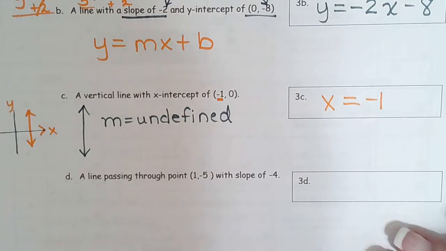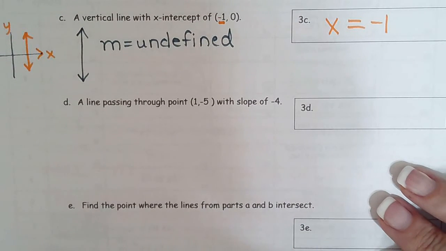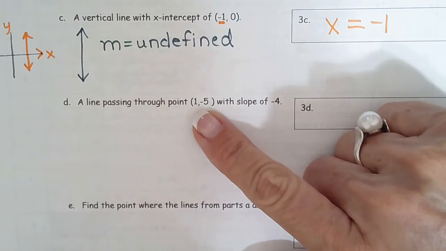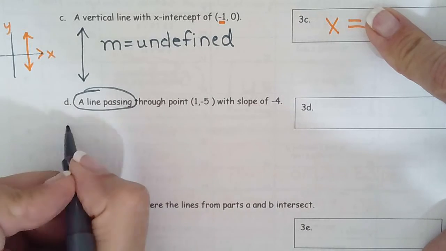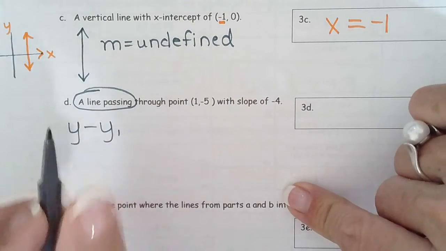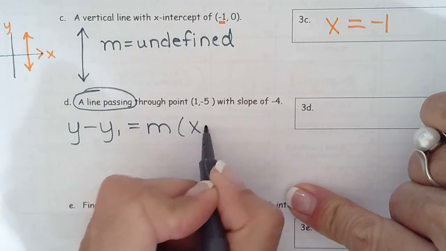Okay, this next one gives us a point and a slope, but notice that point's not the y-intercept. So the minute you see this, you want the equation of a line, and because they didn't give us the y-intercept, you should write y minus y1 equals m times x minus x1.